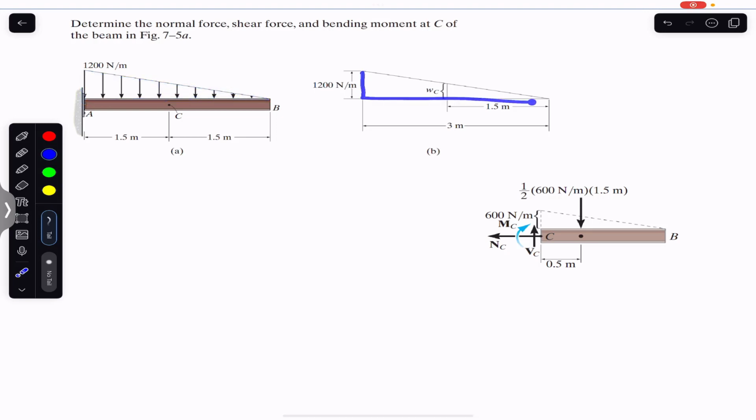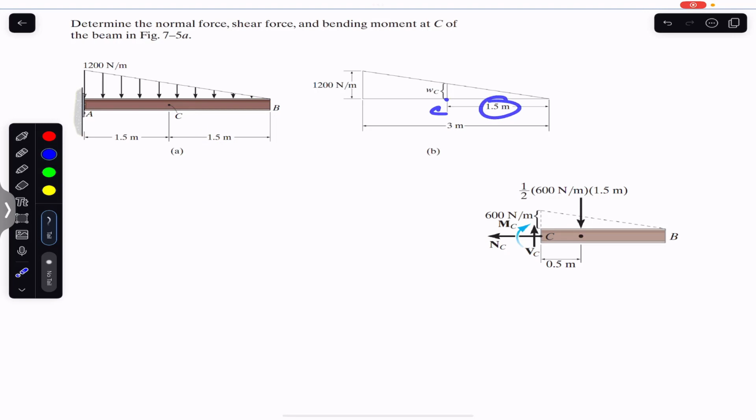We have this large triangle and this small triangle. The base of the large triangle is 1.5 plus 1.5, that is 3 meters, and the base of the small triangle is 1.5 meters, since point C is at a distance of 1.5 meters from this end of the beam. So that is 1.5.